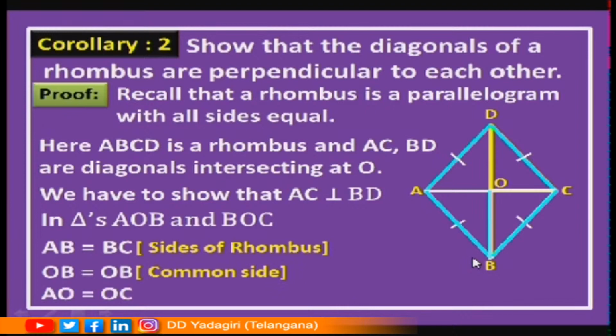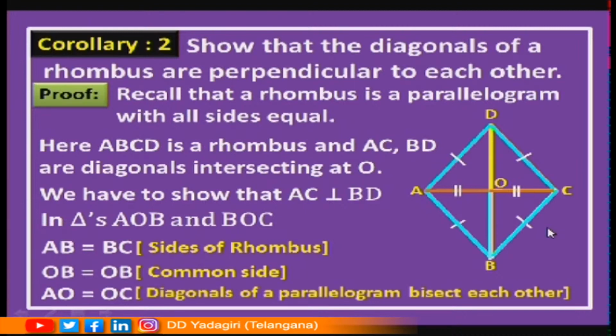Then next, AO and OC, these two parts are also equal. But why are these two parts equal, children? Yes, the diagonals of a parallelogram bisect each other. Your rhombus is nothing but a parallelogram, right? So the diagonals bisect each other, that means O divides AC into two equal parts. So OA and OC are both equal.